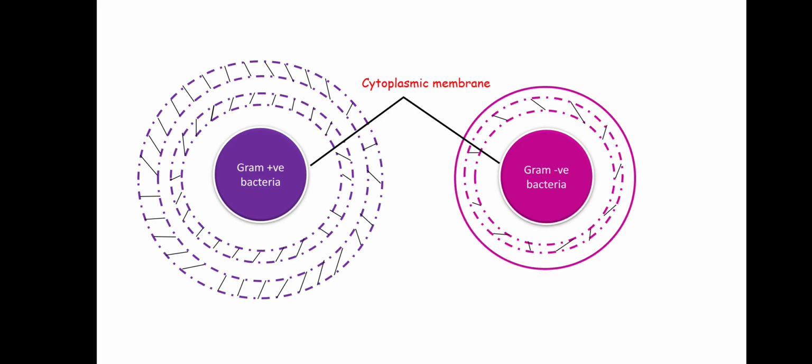Now as you can see, there are differences in the cell wall of gram positive and gram negative bacteria. In gram positive bacteria the cell wall is thick and porous, whereas gram negative bacteria have a thin cell wall. But gram negative bacteria have an additional covering, the outer membrane, which is lipid in nature.